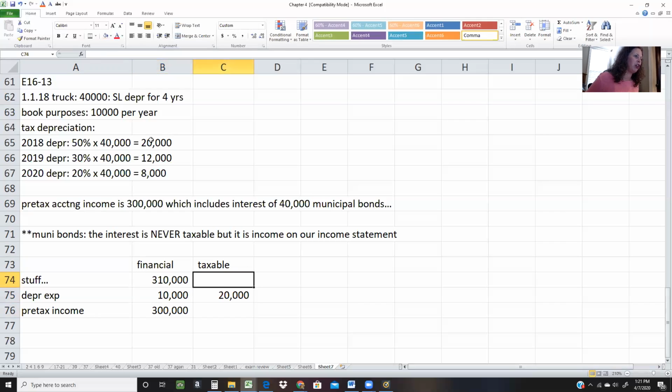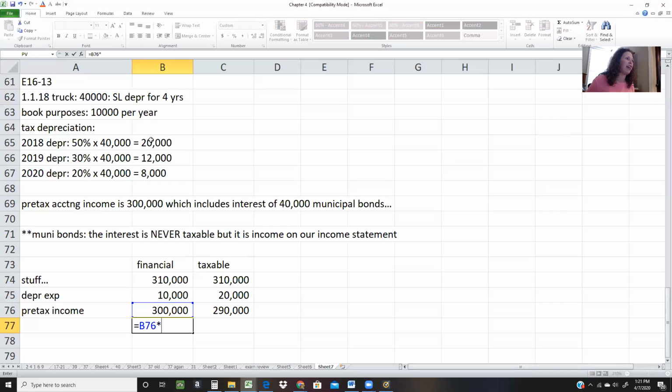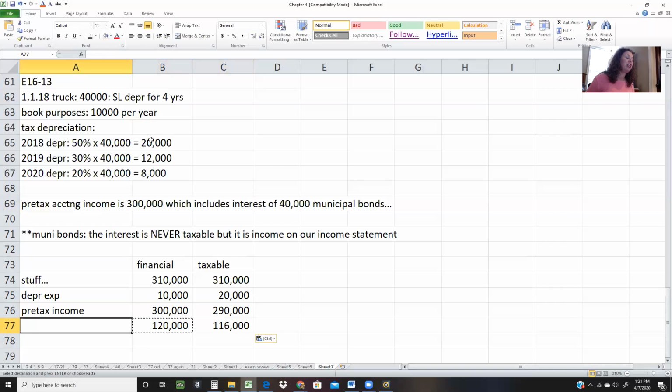So over here would be 310 minus 20 would give me 290. So there's my book tax differences, and then I would tax that at whatever the tax rate given is, 40%. So 40% and 40%. I'm ignoring the 40,000, I'm going to come back to it, so don't worry. And so this is taxes to get net income and taxable income.